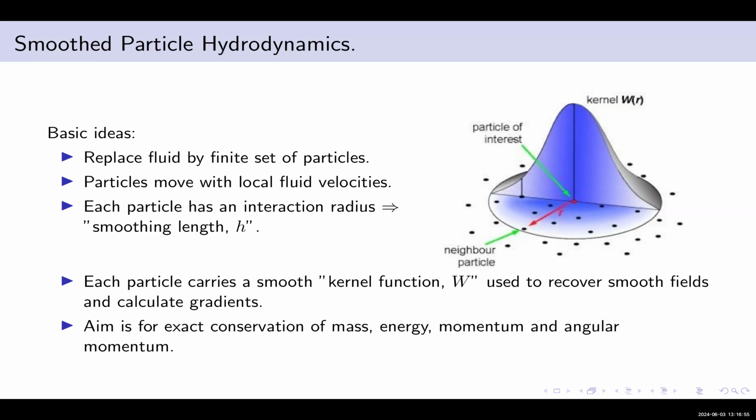But there's nothing special to be done. And that is one of the reasons why we don't actually have any problems with the actual surface. So in some sense, the surface gets smoothed out a bit because of the surface particles having a finite smoothing length. But nothing special happens there.